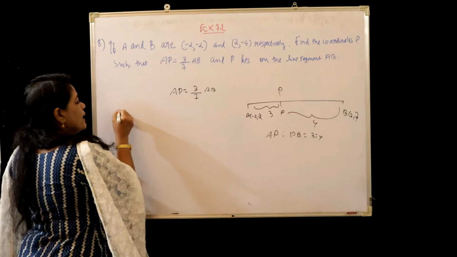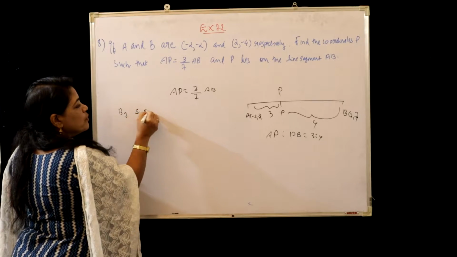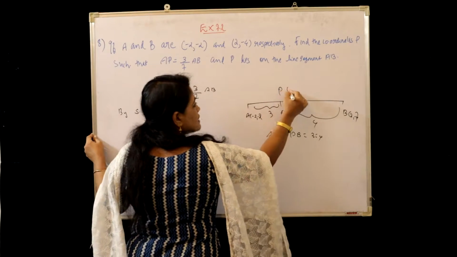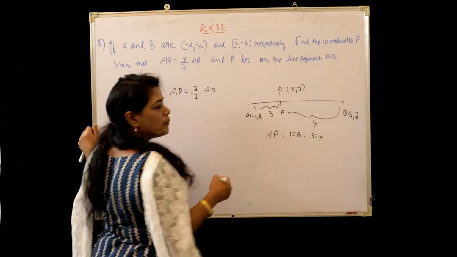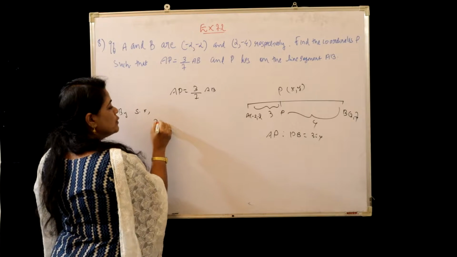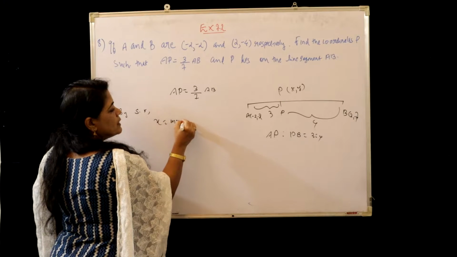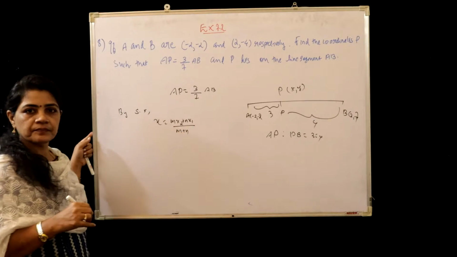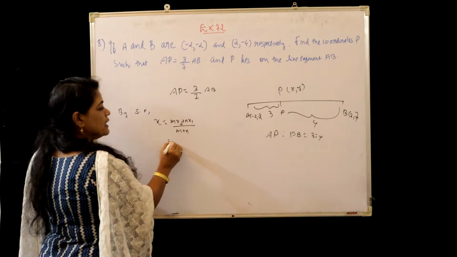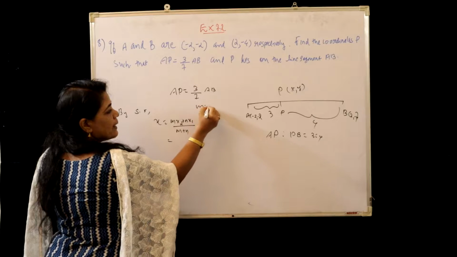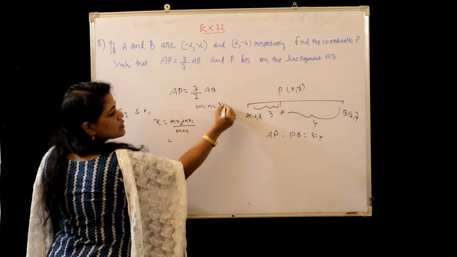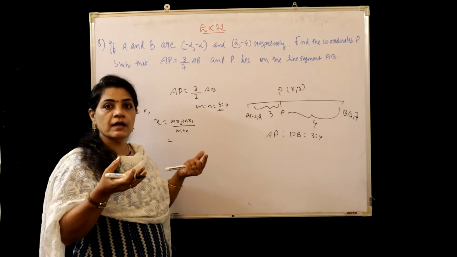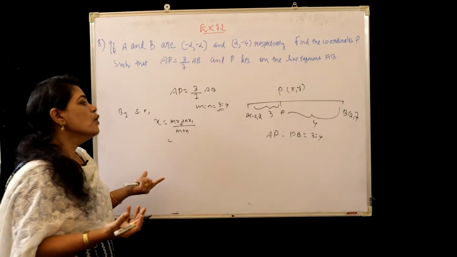So by the section formula, what is the formula, children? To get P of x comma y, the required point, x is equal to (m x2 plus n x1) divided by (m plus n). For m and n we have taken m is to n as 3 is to 4, that is AP is to PB, so m equals 3 and n equals 4.